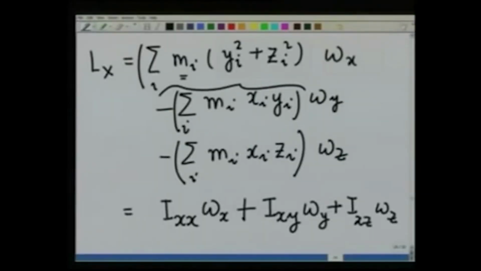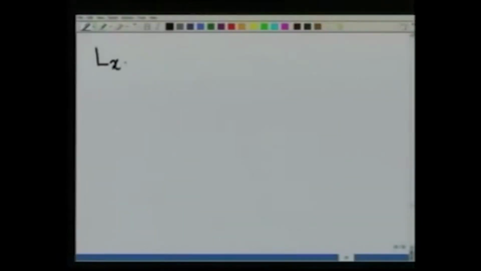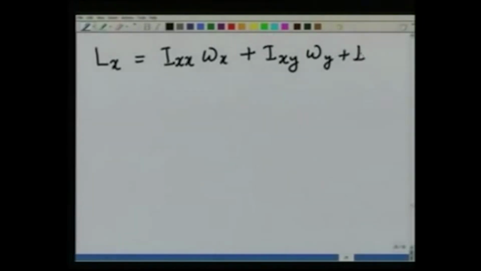So, you see the relationship between the x component of the angular momentum and the different components of angular velocity is slightly more involved. You can similarly do calculations for other components, and I will leave it for you to work out, so that you will find that Lx, which we just evaluated, is Ixx omega x plus Ixy omega y plus Ixz omega z.